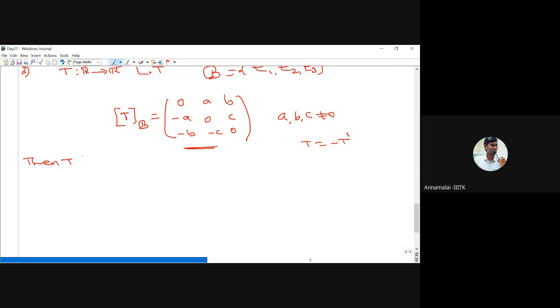First option, T is 1-1. Second option, T is onto. And the third option, T does not map any line through the origin onto itself.